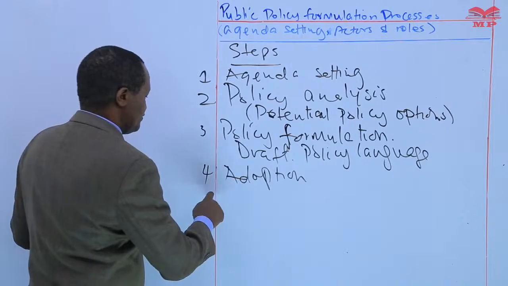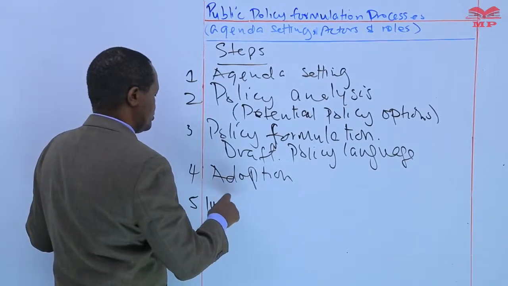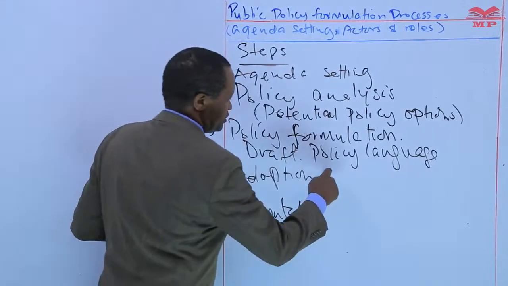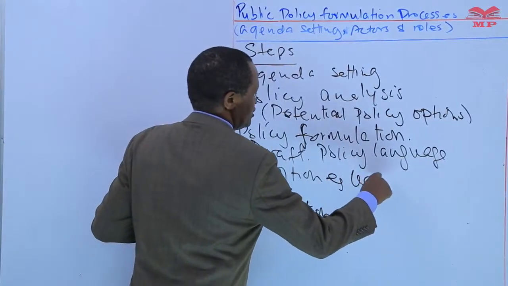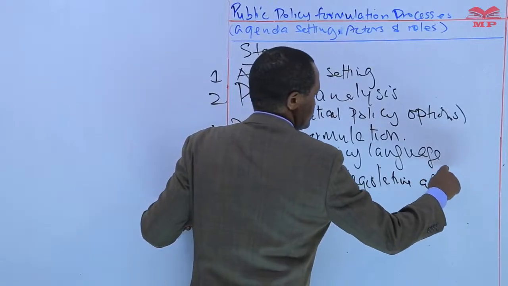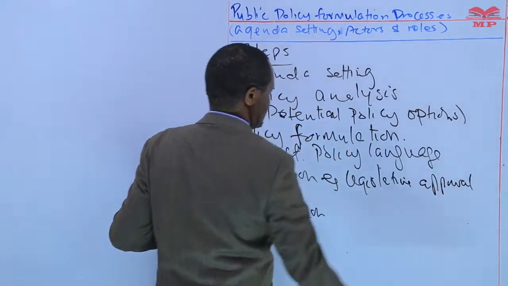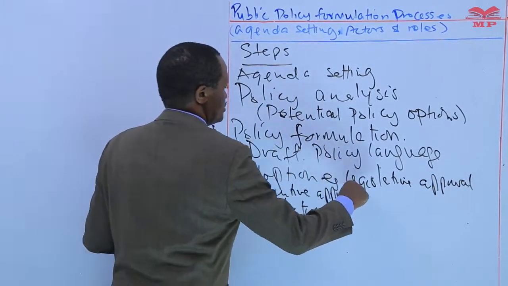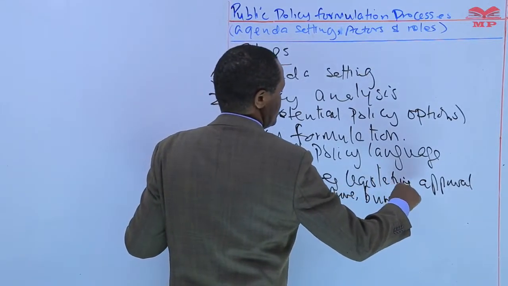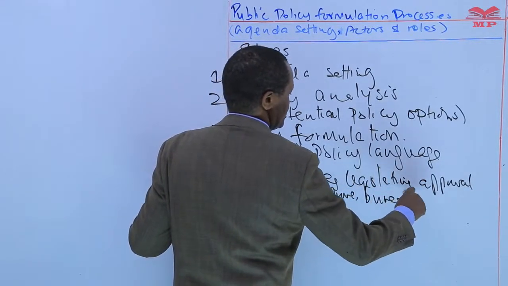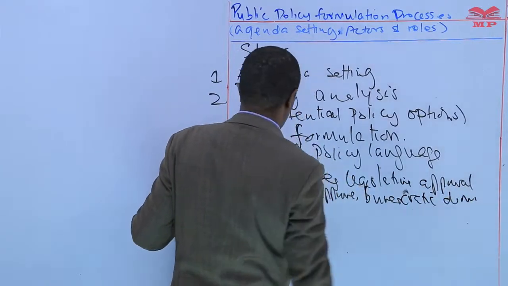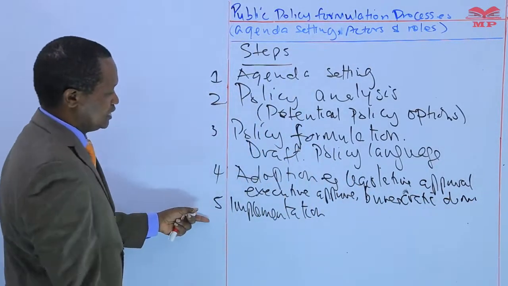Then step number 5, implementation. You implement it after it has been adopted, maybe through legislative approval, executive approval, bureaucratic decision making, and so on.